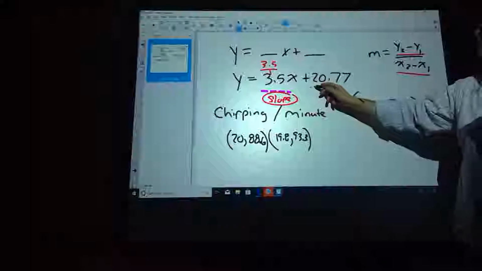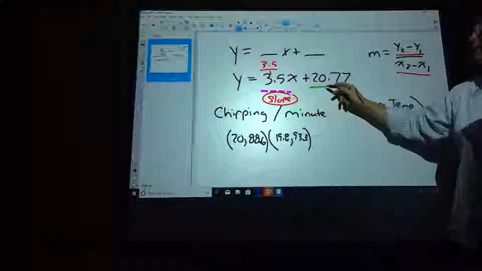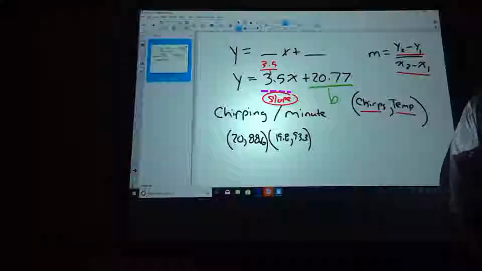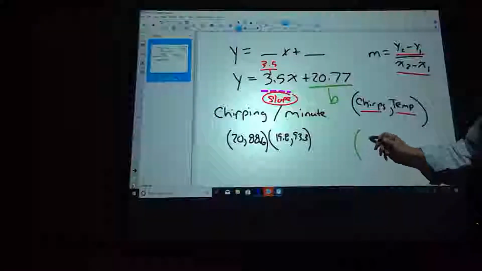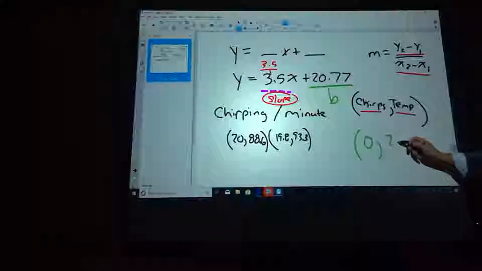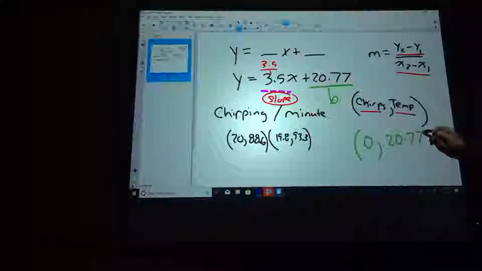All right, now, Ethan said this is our y-intercept, and I totally agree with that. So what does this mean in the context of our problem? So 0, comma, 20.77.